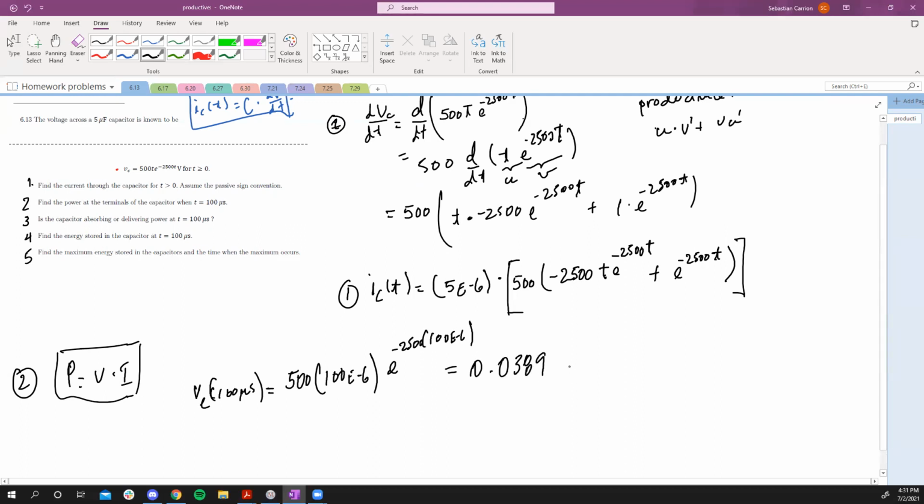0.0389 volts. And if we plug this into I of t, we can make this 5 e to the negative 6.